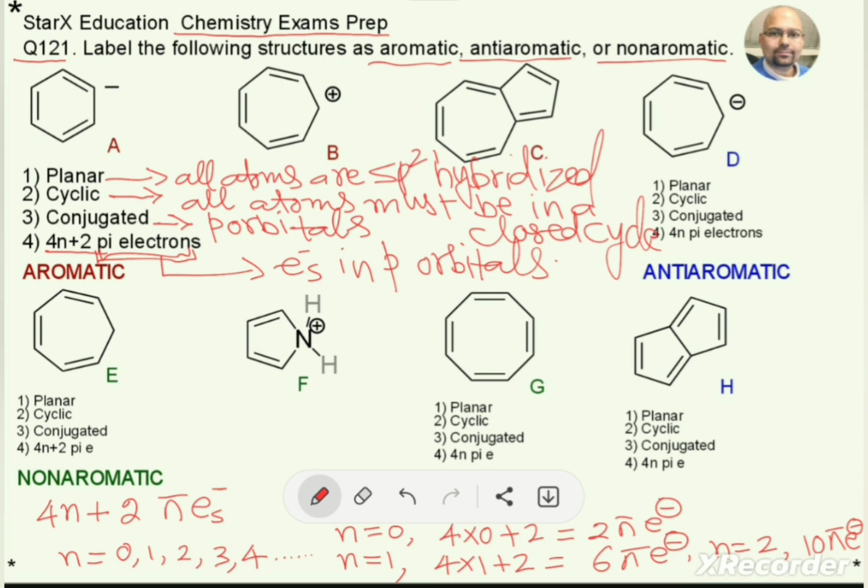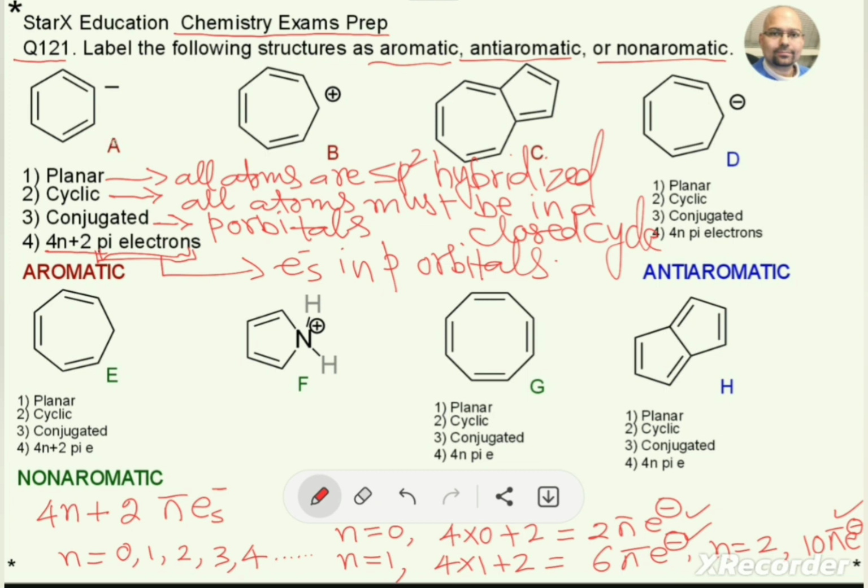So cyclopentadienyl cation, benzene and naphthalene are all aromatic because they have 4n plus 2 pi electrons. Now let's quickly have a look at the species themselves and see if they classify as aromatic, anti-aromatic or non-aromatic.